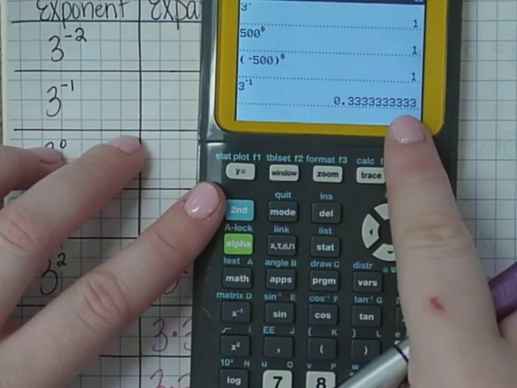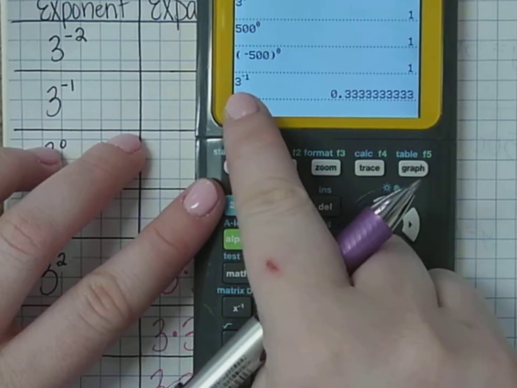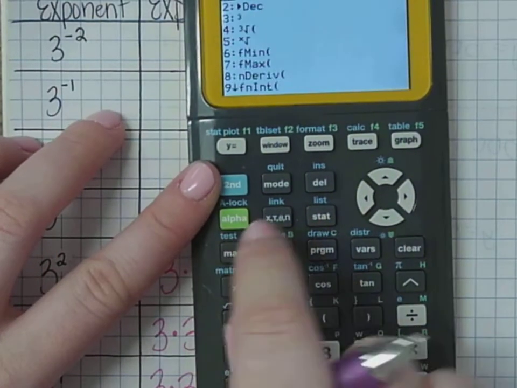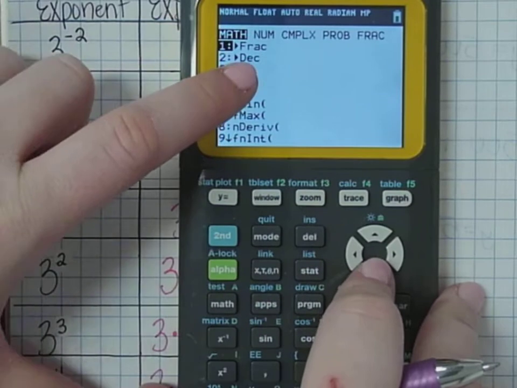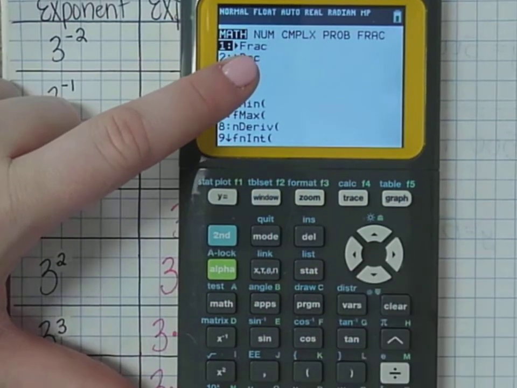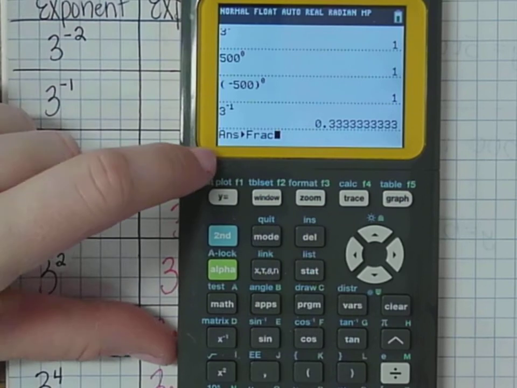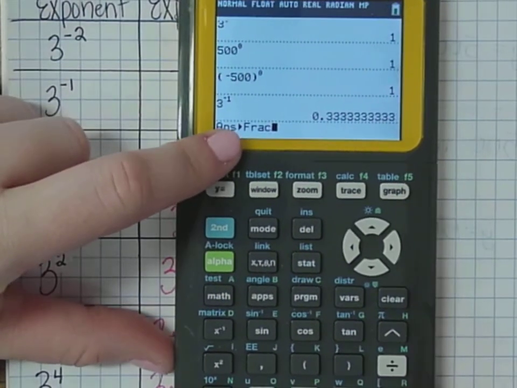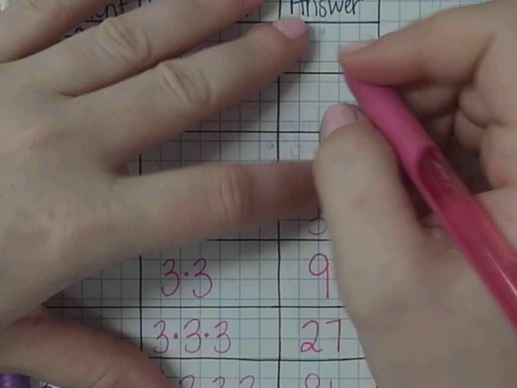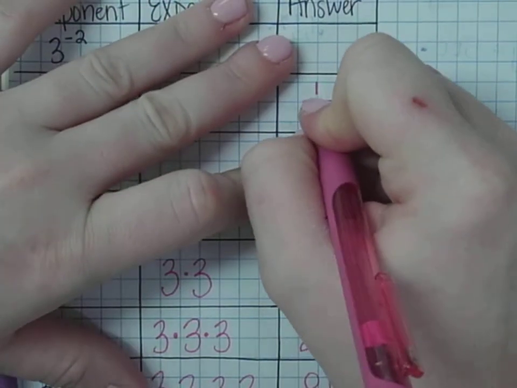It will take any decimal and change it to a fraction. So we did 3 to the negative first and gave us that decimal. Now hit math. And notice that first option says FRAC for fraction. So hit enter, and it says answer to fraction is, notice, 1/3. So this is 1/3.